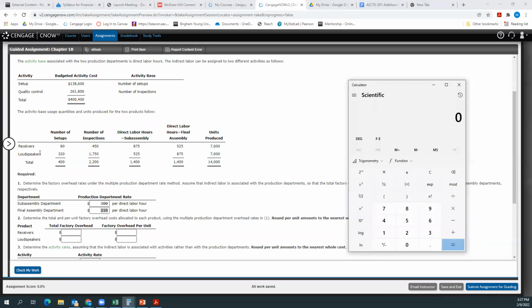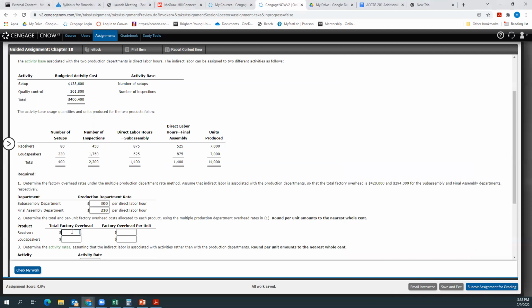So for receivers, 875 hours times 300 per hour plus 525 hours times $210 per hour. And that should be our total factory overhead, $372,750 for receivers.